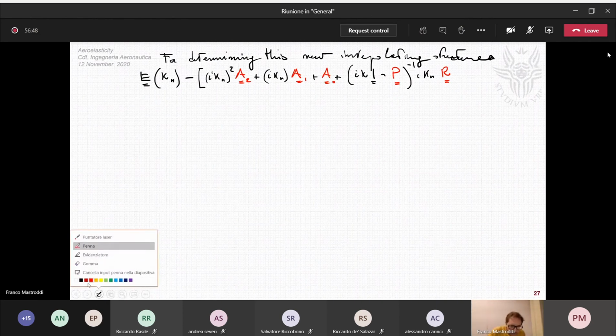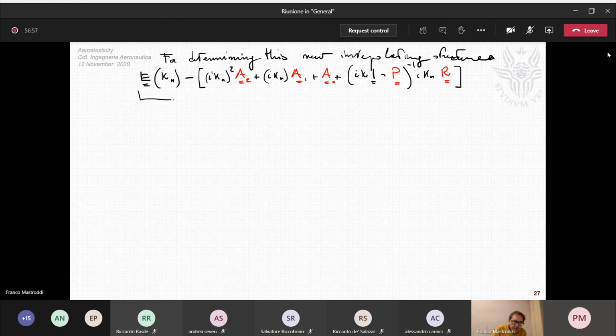However, if you consider this error matrix, the data is the computed data, and this is the interpolating function. If you take this error, you have this denominator here, and when you take the square of this to be minimized, you should have a nonlinear contribution given by this denominator here.